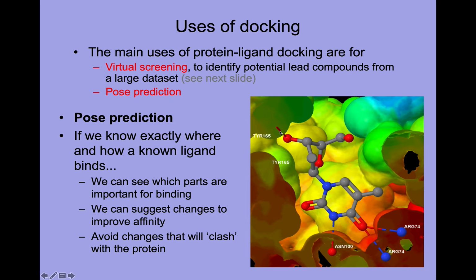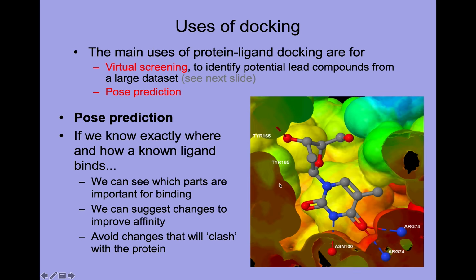Like in this figure, you can see the tyrosine is making interaction with this part, and the arginine is also making interaction, and this amino acid is also making interaction in this whole cavity. So we can see which parts are important for binding, and we can suggest changes to improve the affinity as well. We can modify the ligand.